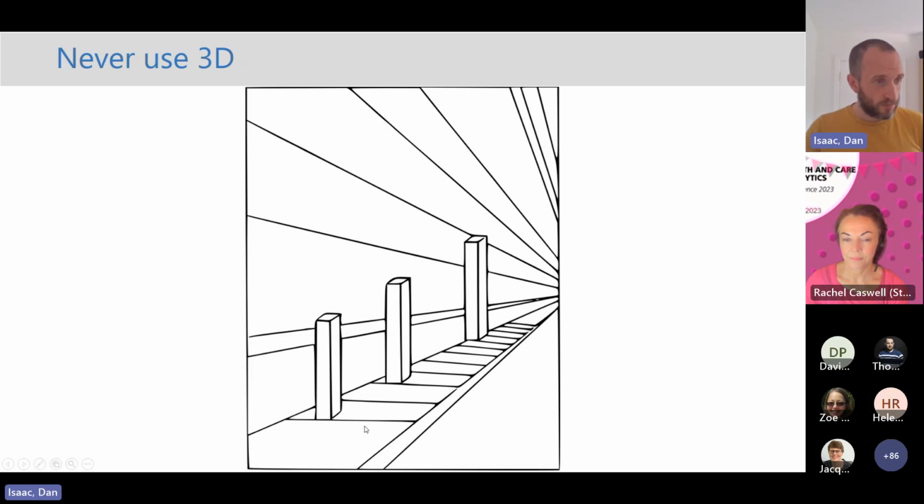But it looks basically like we're looking down a tunnel, and these are all on this pavement here. And so this one, it's in the distance, must clearly be taller than that. And our brains convince us that's not the case at all. They're all the same size. But distortions like this are the problem with 3D and why we should avoid it.